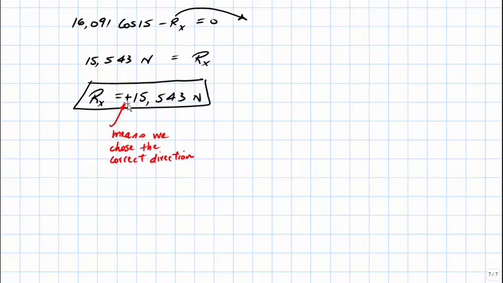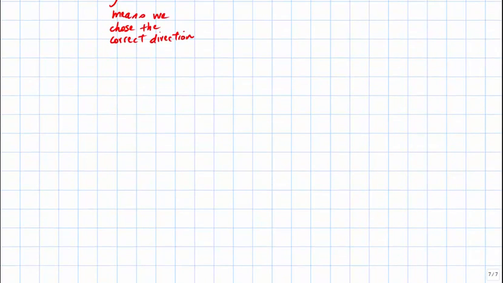And so the positive result just means that our choice for r sub x, which again is directed towards the left, was the correct choice. R sub x is in fact directed towards the left. Let's determine the value for r sub y. In order to determine the value for r sub y, we will apply the sum of the forces in the y equals 0.